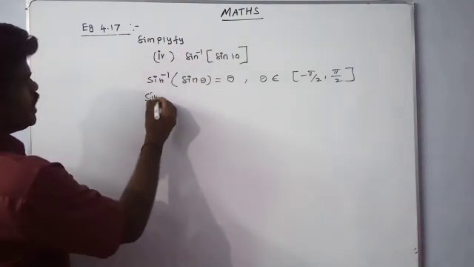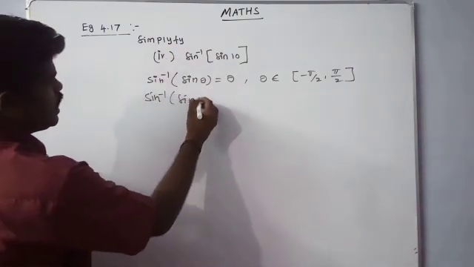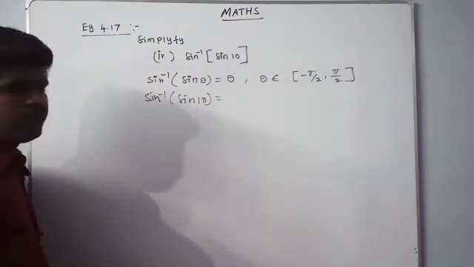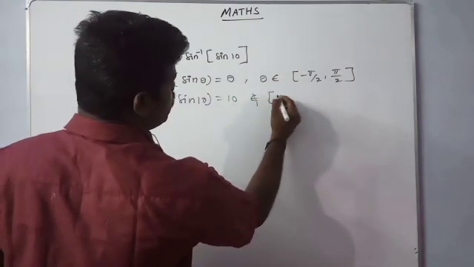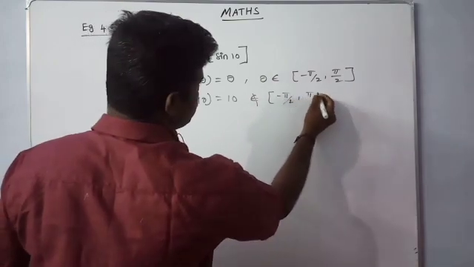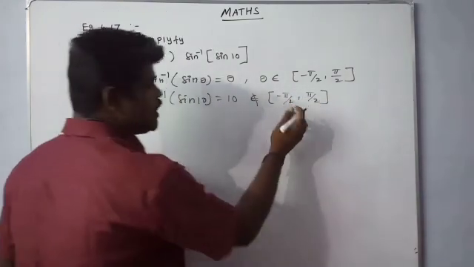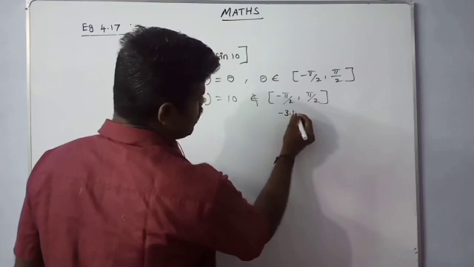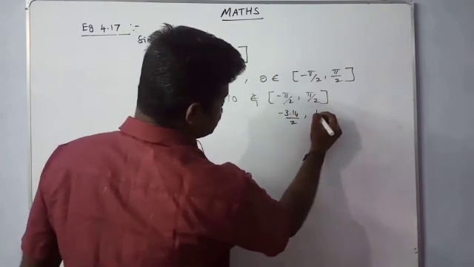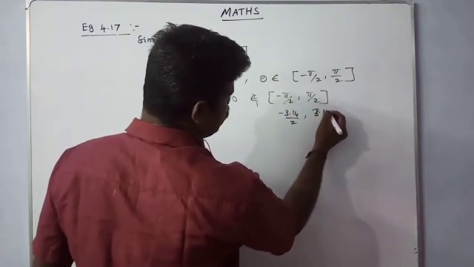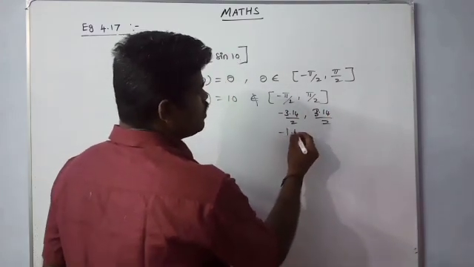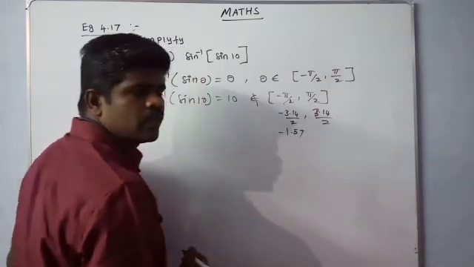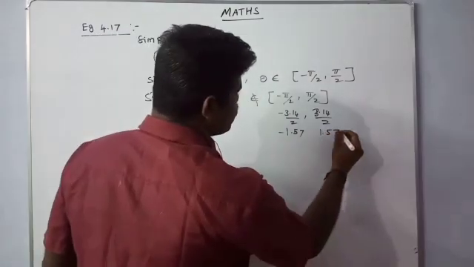Here sin inverse of sin 10, 10 does not belong to minus pi by 2 to plus pi by 2, because this value is represented as minus 3.14 divided by 2 and this is plus 3.14 divided by 2, that is minus 1.57 and plus 1.57.